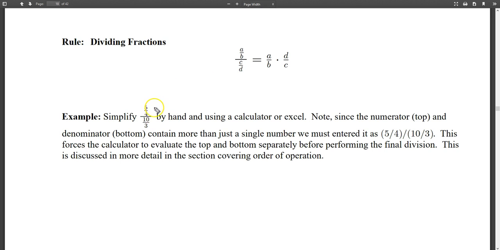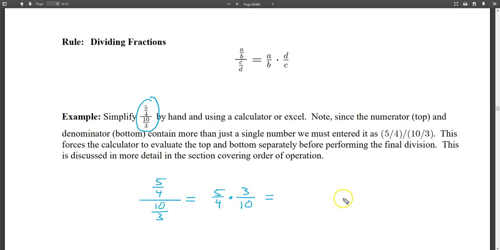So for example here, let's simplify 5 over 4 divided by 10 over 3. So we have to follow this rule up here, so that's going to be 5 over 4 times, now we flip the fraction in the bottom and multiply against the top. So this is going to be times 3 over 10.